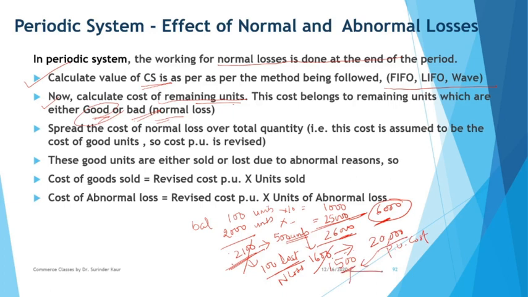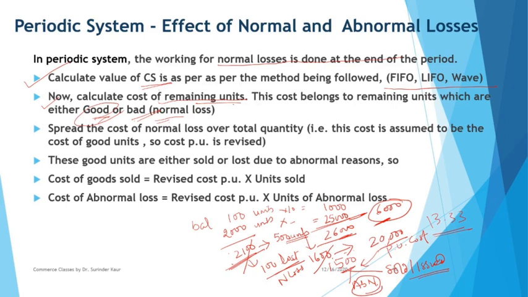Now out of these 1500 units, again some of the units may be lost due to abnormal reasons and the remaining units will be sold off or issued by the stores. So the cost per unit that we'll be calculating here is coming out to be 13.33. So this cost will be used to measure abnormal loss as well as the cost of the stocks issued.